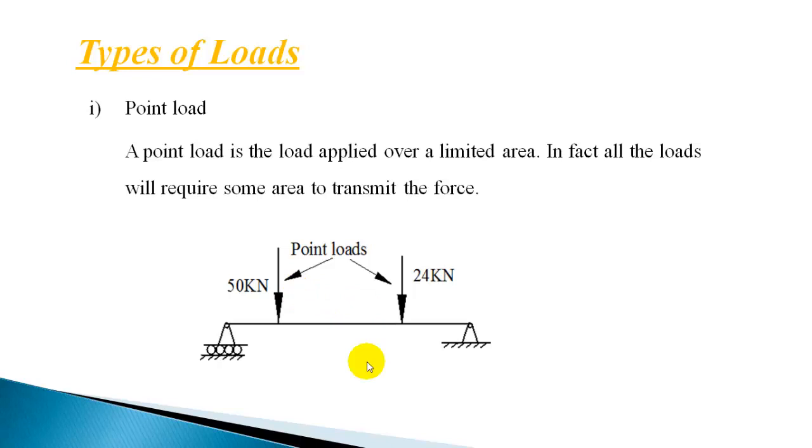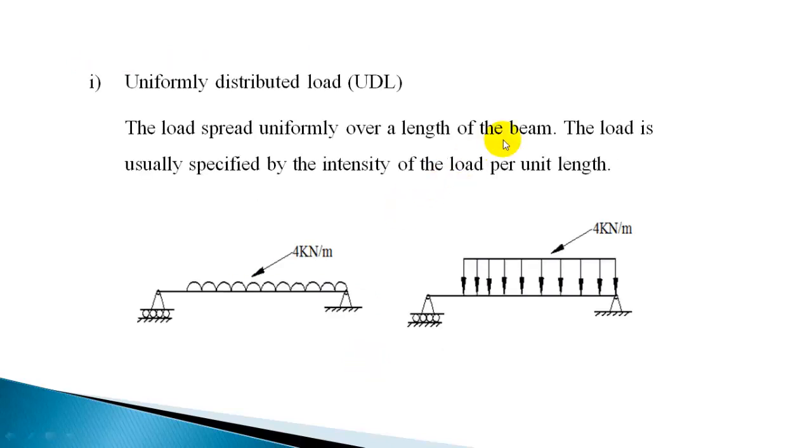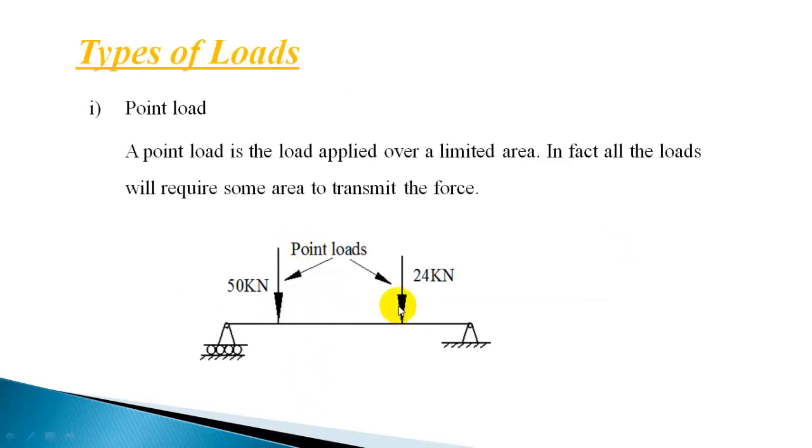The next type of load is the uniformly distributed load. It is uniformly distributed over the surface, with an intensity of load. A point load is represented in Newton or kilonewton, that is a force unit.